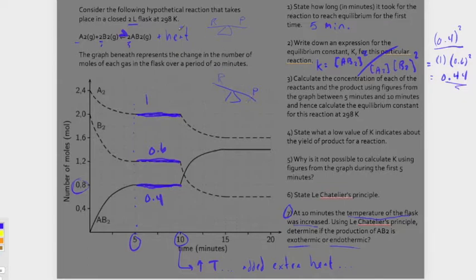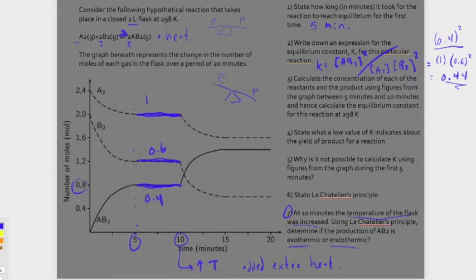I've tipped the scale to favor the products. How can the system shift back? By making more reactants again, right? Is that what happened? No. By adding extra heat, I made more product and consumed more reactants. So I know that heat cannot act like a product. I know it's not exothermic.